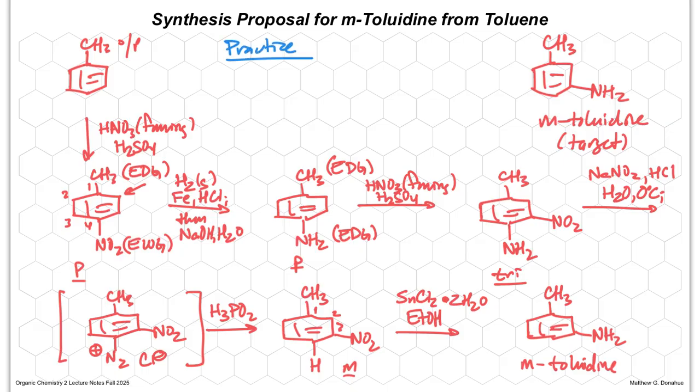Any questions on the strategy? I guess what I can point out is if we were to take the methyl group and oxidize it to a benzoic acid, which is a meta-director, that would then allow us to install the nitrogen at the 3 position.